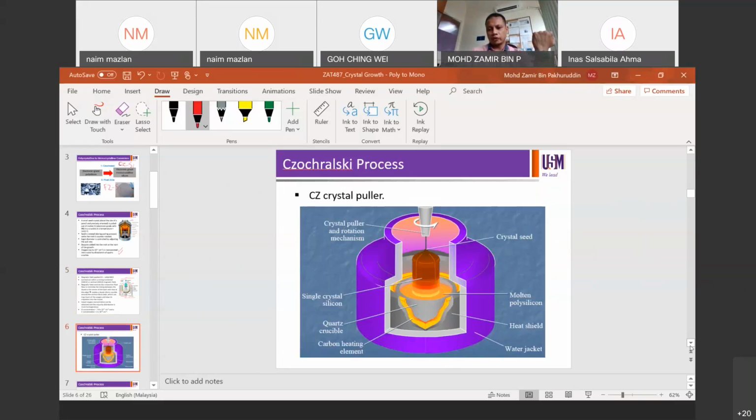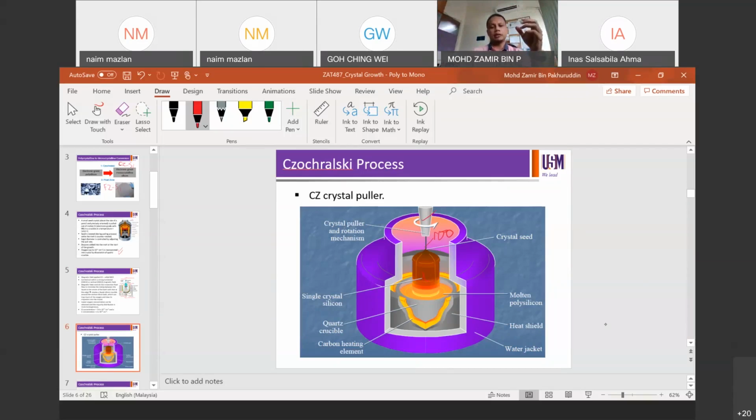So this is how the configuration looks like in the CZ process. You have the seed up here, and then you have a puller there. This is your seed, either 100 or 111, or whatever you like. So this will be your ingot, right? It's going to be slowly pulled. Below here is the melt, like lava, where you melt the silicon at high temperature, then slowly pull it out.